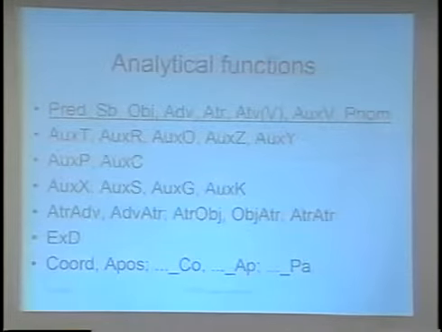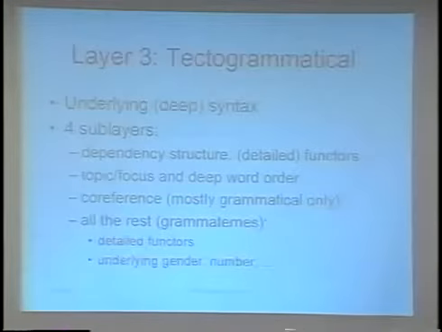All the other functions are just labels for various types of function words, I mean, most of them, all those that start with the AUX. And then we have some special functions for coordination and apposition, things that are not really a pure dependency, but we still have to write them somehow. So again, I don't want to go into details for the surface syntax, just for you to get an idea when I will be comparing the surface syntax trees with the tectogrammatical trees.